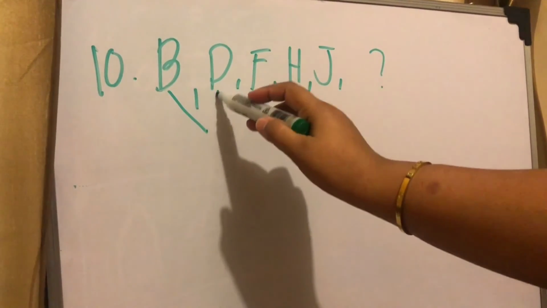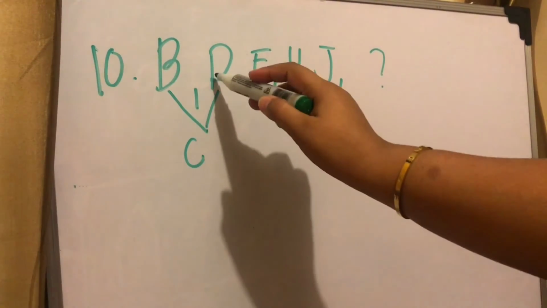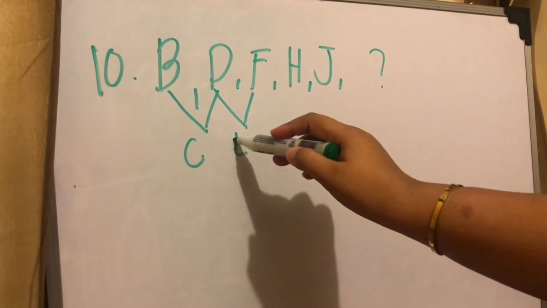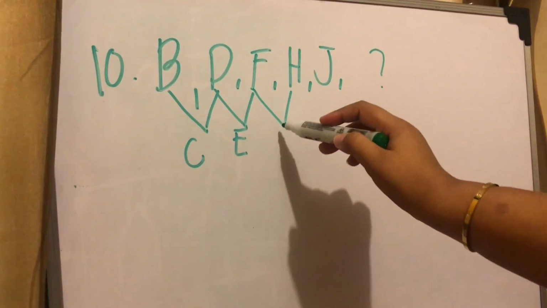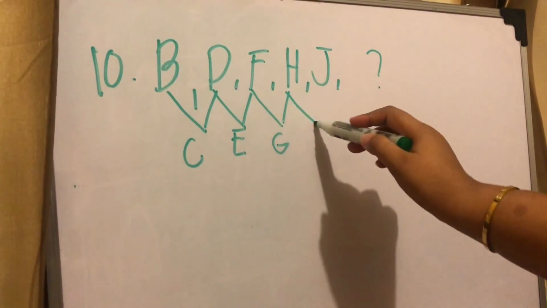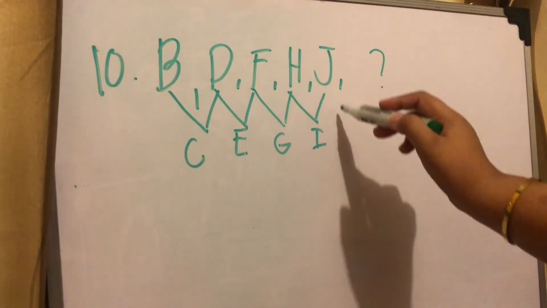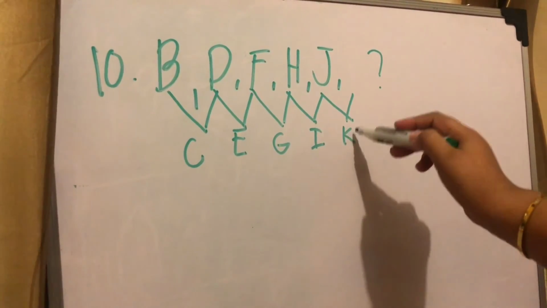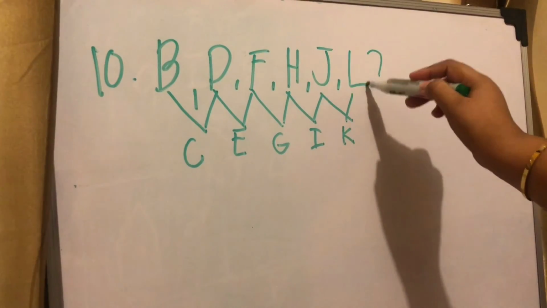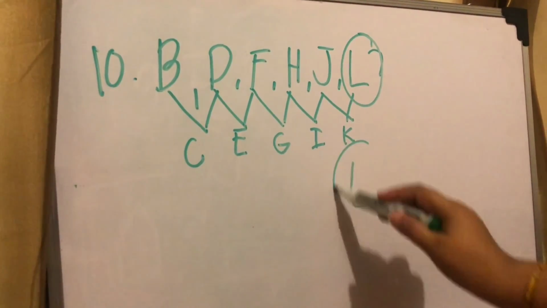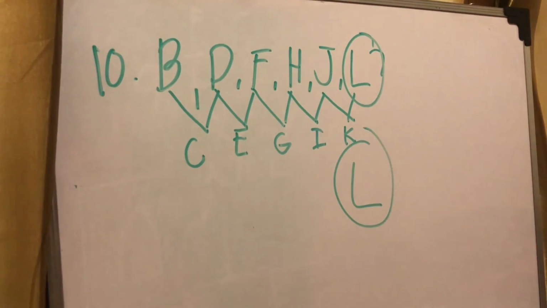So B, C, D, E, F, G, H, I, J, K, and next to letter K is letter L. So letter L is the unknown letter next to J.